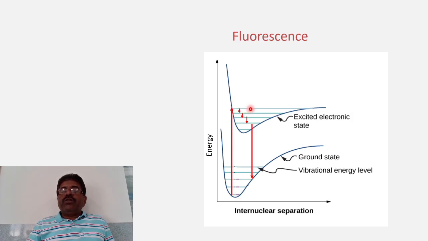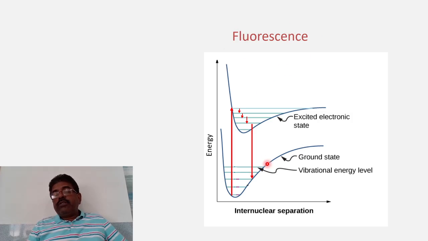The transition took place from this level, which has slightly lower energy than earlier, and it will go down to this level. So this energy is definitely less, therefore a photon of less energy, that means less frequency, will be given out, and this phenomenon is called fluorescence.